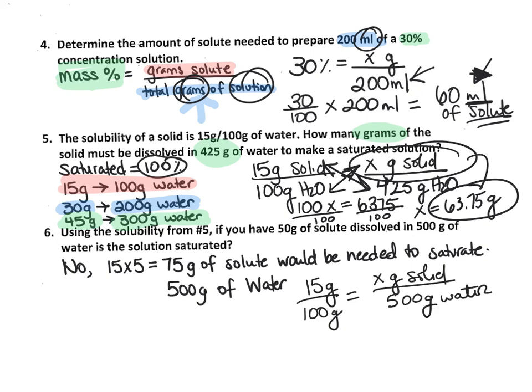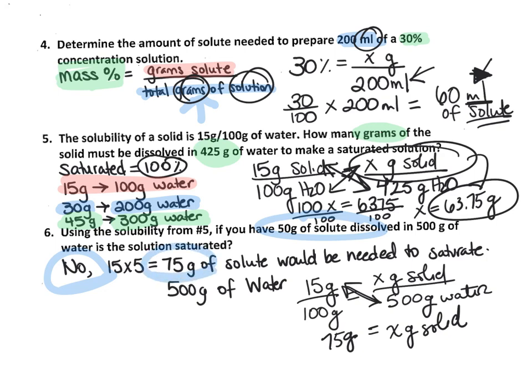Then we do our cross multiply to figure out how many grams of solid we're going to need. When I solve for that, it turns out that I need 75 grams. And it says that I only have 50 grams. So no, it is not saturated. I would need 25 more grams to be saturated.